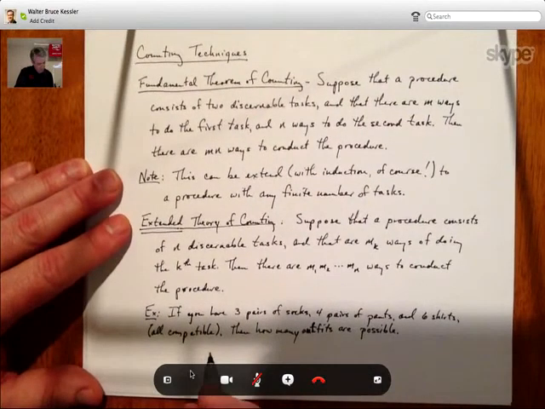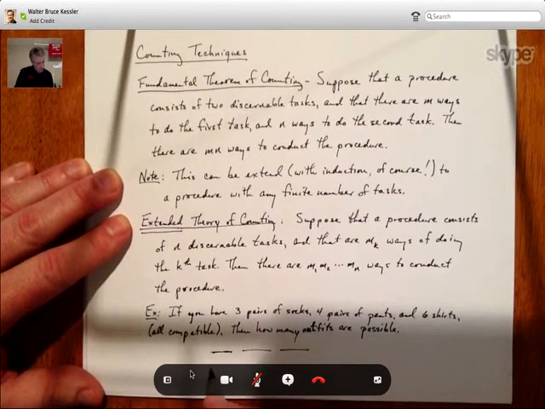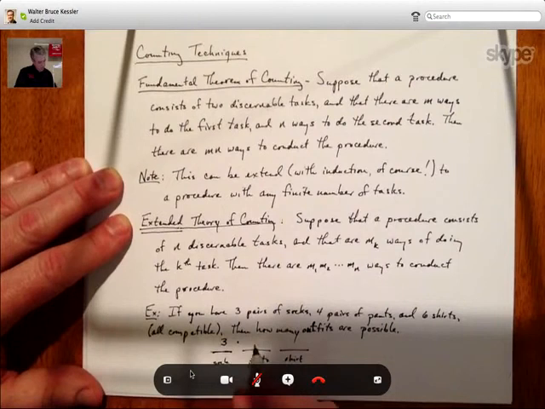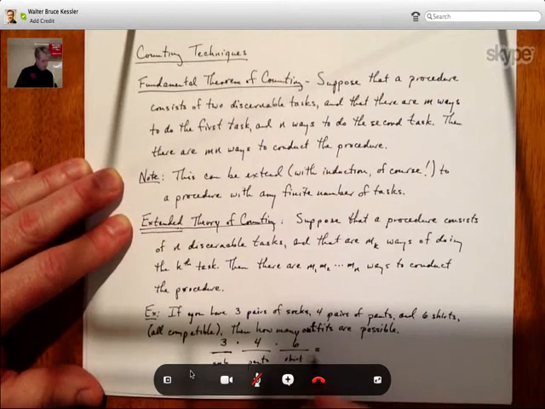You think about having different slots that need to be filled here. You've got your socks to pick out, your pants, and your shirt. How many choices do you have? Well, you got 3 for the sock, and 4 for the pants, and 6 for the shirts. So what is that? 72.